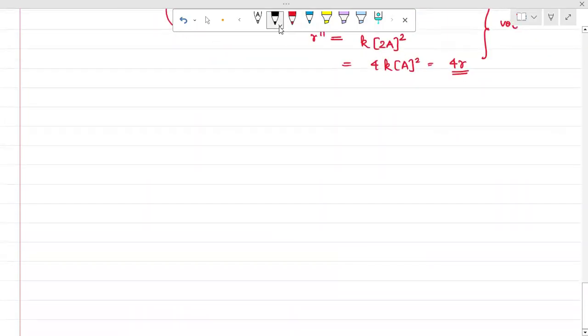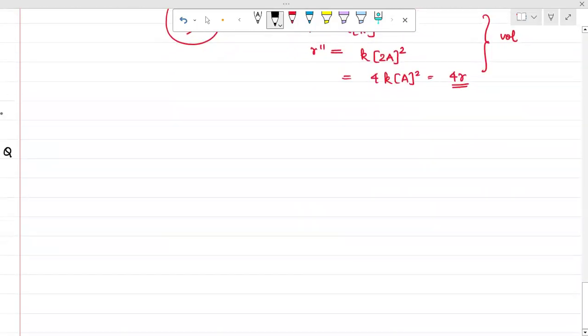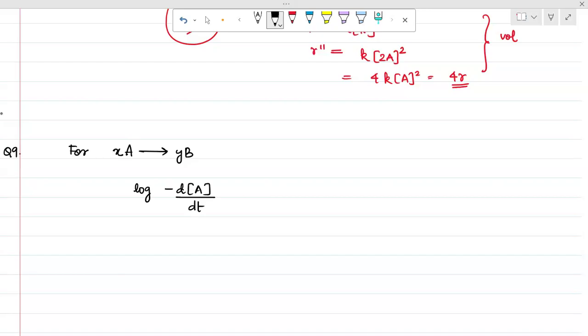All right. Next question, very good question. Mark this as important. Question number 9. For x times A giving y times B, they have given log of minus dA by dt is equal to log of dB by dt plus 0.3.